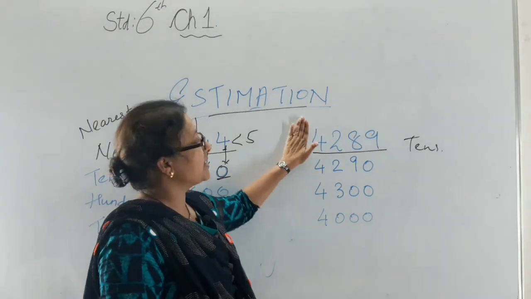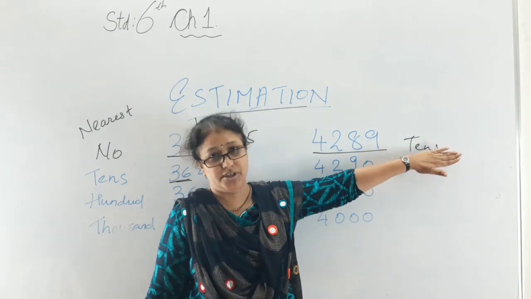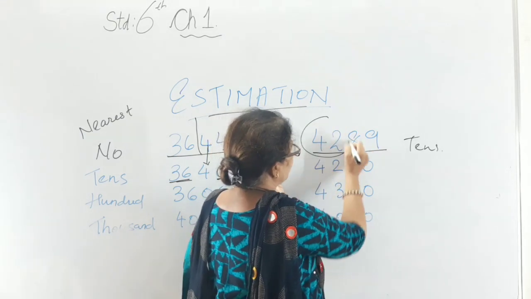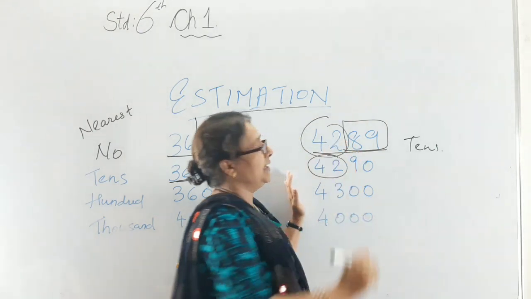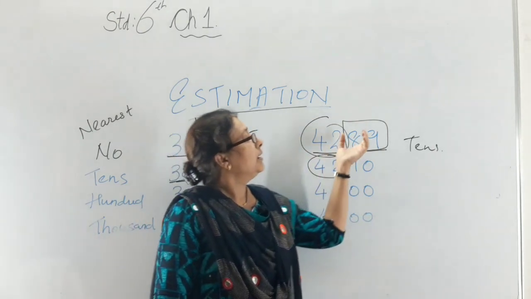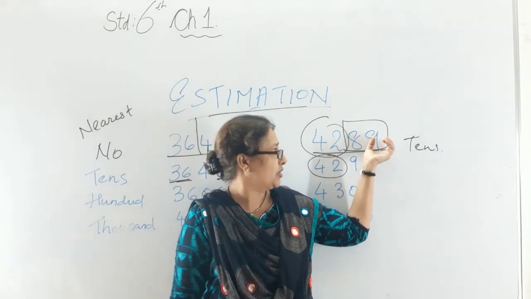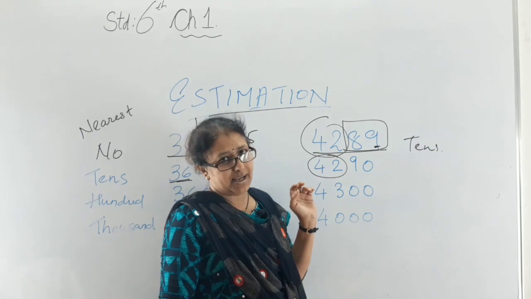Now going for one more example, that is 4289. Again we have to focus on the tens position. I write the first two digits as they are, and I will be focusing on the last two digits. For 89, I first find out whether my last digit, that is 9, is more than 5 or less than 5.